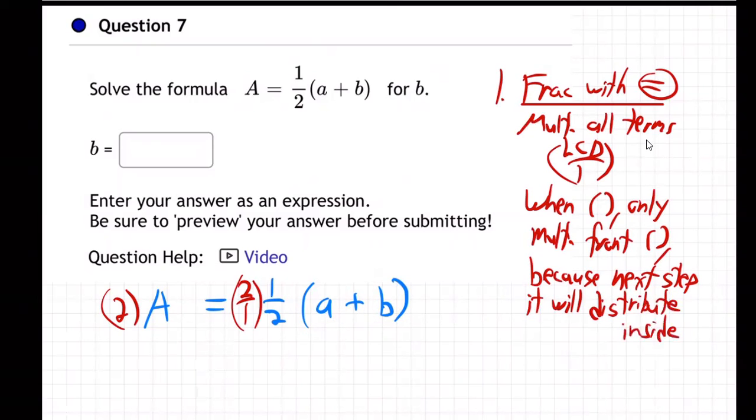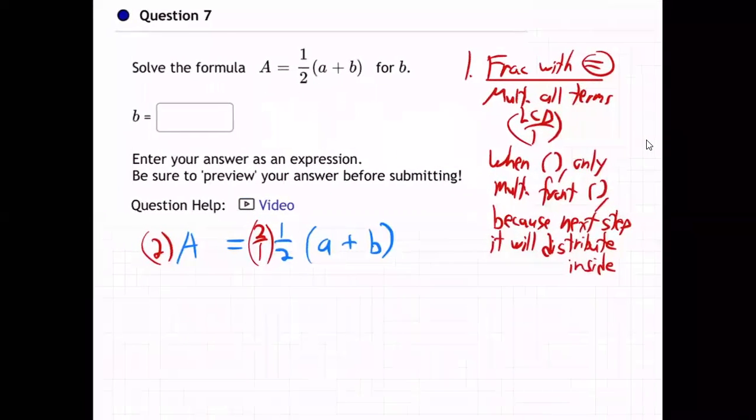Whatever's in the front is going in. Remember, it's like water outside of a floodgate. These parentheses are like walls holding back the water, and when the walls come down, the water goes in. So that's why we do only the front of parentheses, because it's going in.